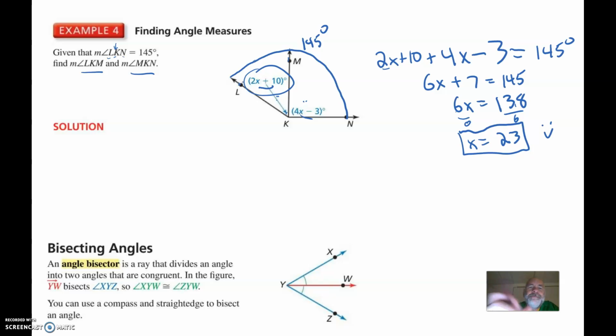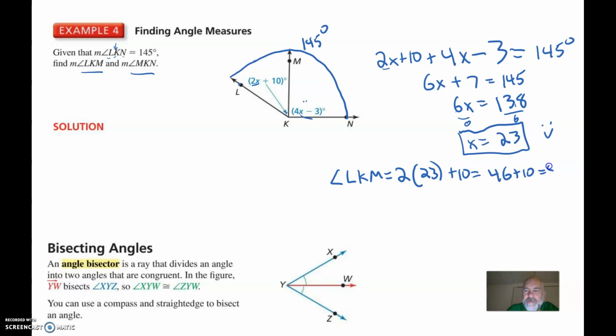Okay, so this is giving me a formula for figuring out how big the angle is, and now I know what x is, so I can work it out. Angle LKM is 2 times 23 plus 10, which is 46 plus 10, which is 56 degrees. Is it right? Well, I don't know.